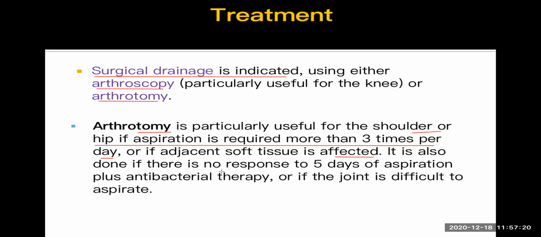It is also done if there is no response to 5 days of aspiration plus antibacterial therapy, or if the joint is difficult to aspirate. So we go for arthrotomy. Remember that it is a surgery, always a bit more complicated than a joint aspiration. But if it is necessary, then we need to go for it. So these are certain indications.